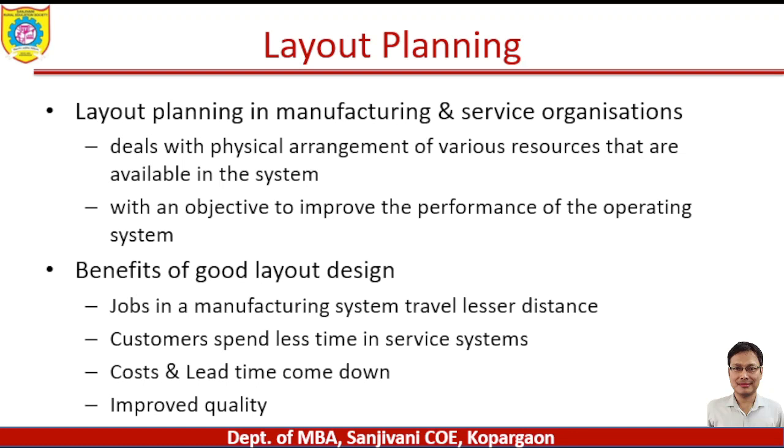Basically, layout planning is deciding on the best physical arrangement of all the resources that consume space within a facility. These resources can be a machine, the man working on the machine, the positioning of the people, the machines, a cabinet, or a work center, or an entire office, or even a department.